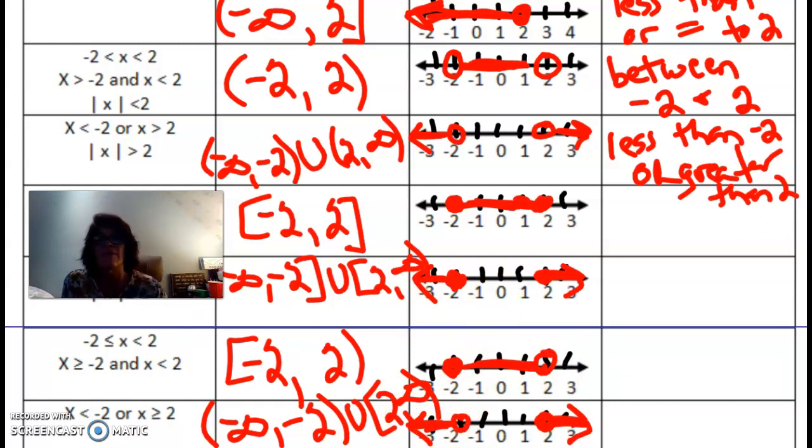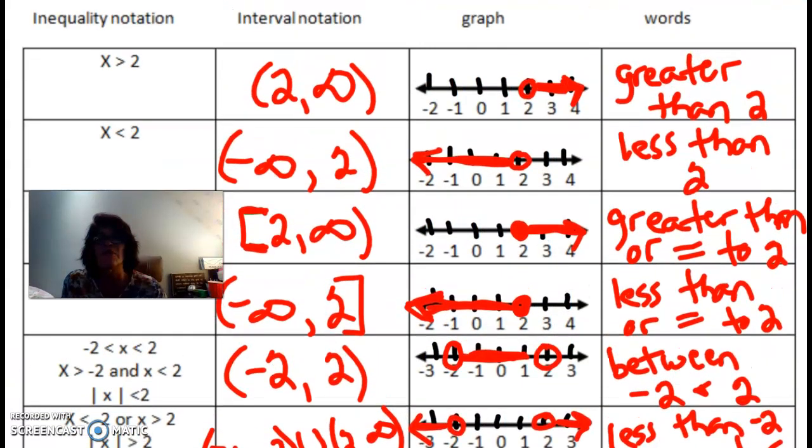Now in your book, guys, I just want you to realize sometimes they don't use the open circles and the closed circles anymore. They use what they use for interval notation. So you might see parenthesis, or you might see a bracket and shaded right on the number line. Instead of the closed circle, you might see a bracket in some of the answers or some of the examples in the book.